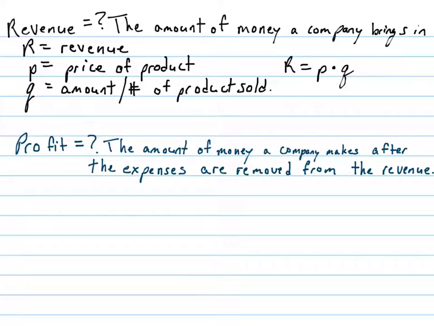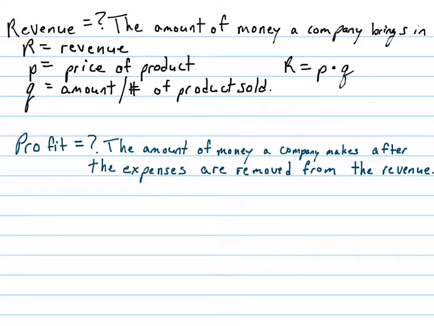So if I have, say I'm going to make something, what am I going to make? I'm going to make basketballs, all right? And they're going to be rubber outdoor basketballs, and there's a cost associated with making those and distributing them and delivering them to stores, right? So I have to have machines, I have to have employees, I have to have all these things to make the basketball.